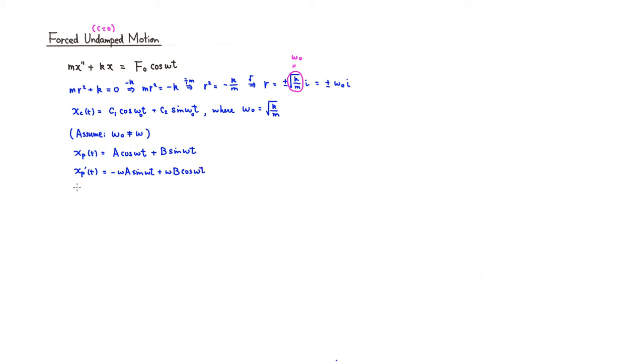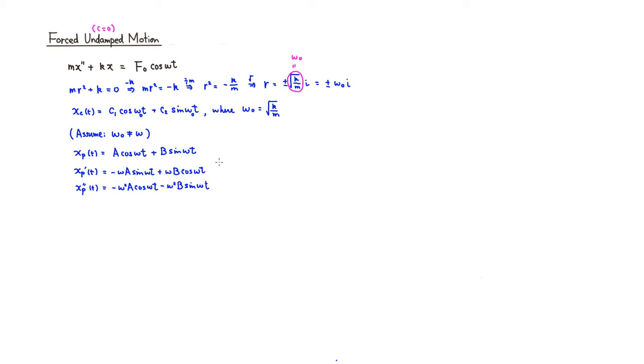Then we have x_p double prime, and the derivative of that is negative omega squared a cosine of omega t, and minus omega squared b sine of omega t.